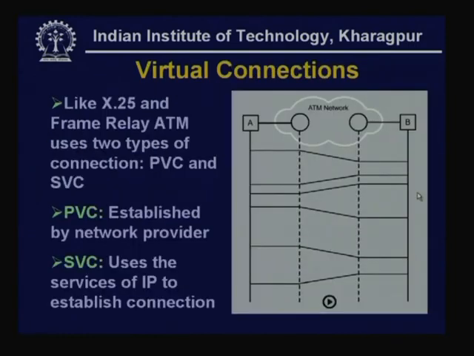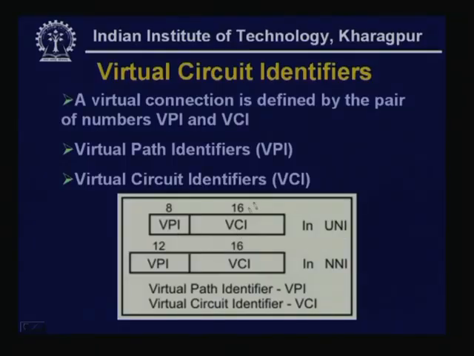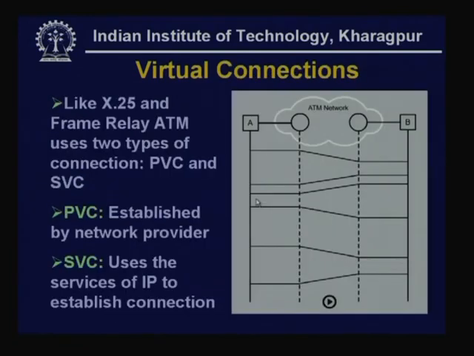And like X.25 and frame relay, ATM uses two types of connections. One is permanent virtual circuit and another is switched virtual circuit. In permanent virtual circuits, this is established by the network provider, and those numbers, that VPI and VCI, are all provided by the network provider in case of PVC.